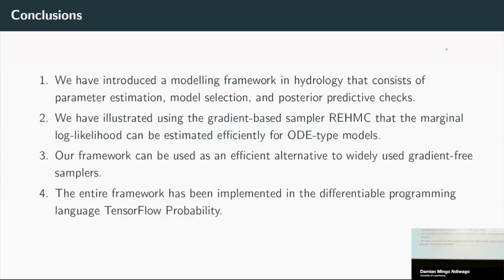And we've implemented it in the free software TensorFlow Probability. And the good thing about this is that it's faster than any other statistical package out there, Stan, PyMC, and most statistical models have already been implemented in TensorFlow Probability. So it makes it available for anyone to use.